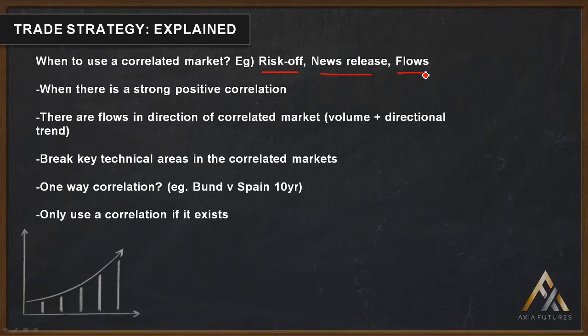So one of the basic correlations I want to show you is when we have, let's say, a risk-off move. A lot of the time in a traditional risk-off, what we'll tend to see is initially money come out of the equities, so we'll see the equities sell off. At the same time, we'll see those flows going into the bond market.